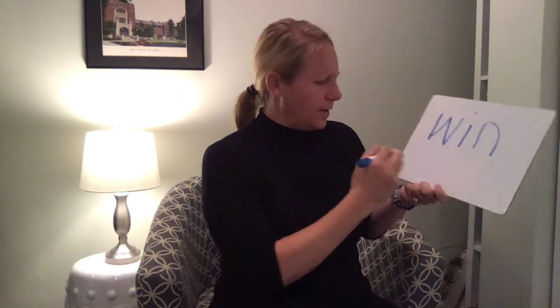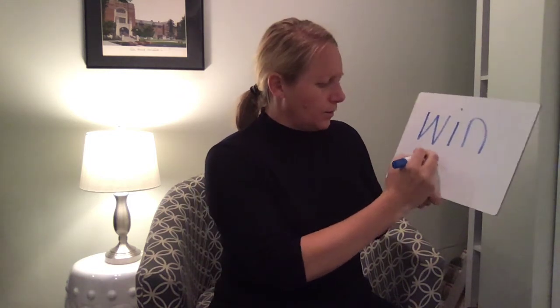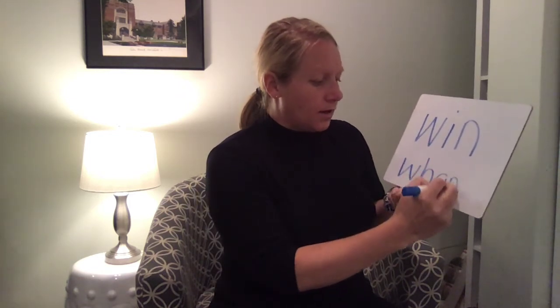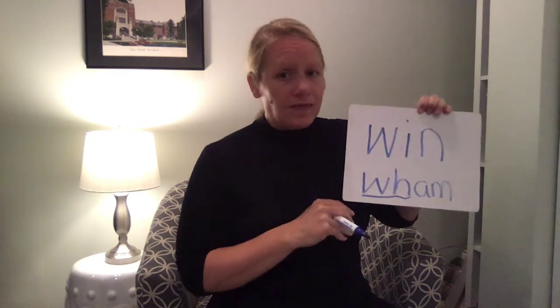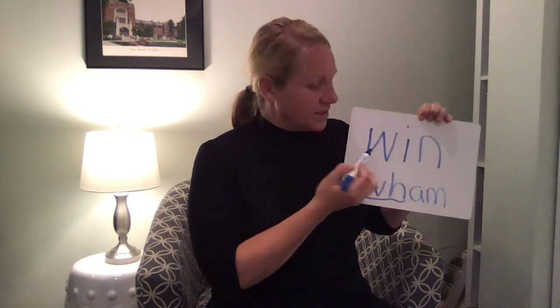Win. Win does not have a digraph in it, but it's really hard because we just wrote the word wham, which did have a digraph at the beginning, and they sound the same. Win, wham at the beginning. That digraph WH is so tricky because it's just words that we have to know make that sound instead of just the W. Tricky, tricky.